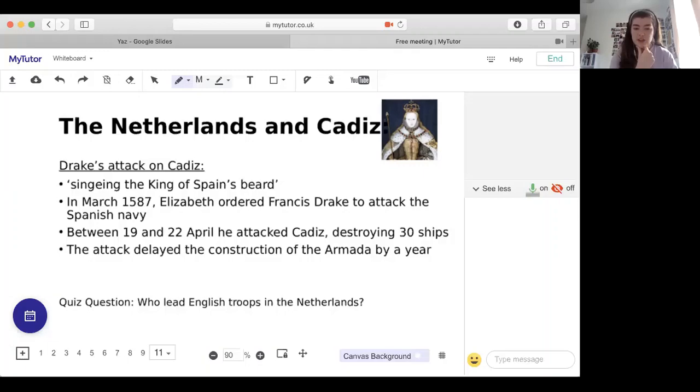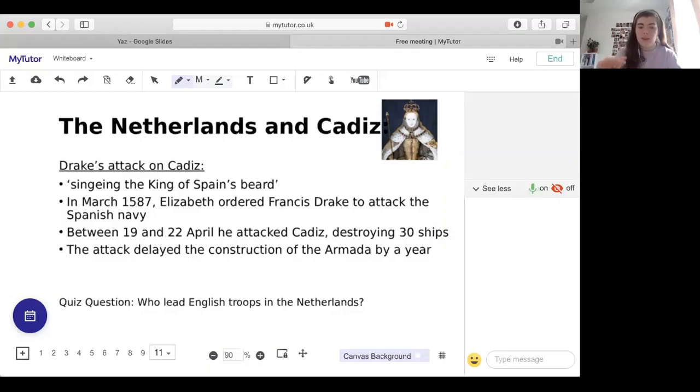In March 1587, Elizabeth ordered Francis Drake to attack the Spanish navy. Between the 19th and the 22nd of April, he attacked Cadiz, which was a major Spanish naval port, just for context, and he destroyed 30 ships and much of the fleet's supplies.